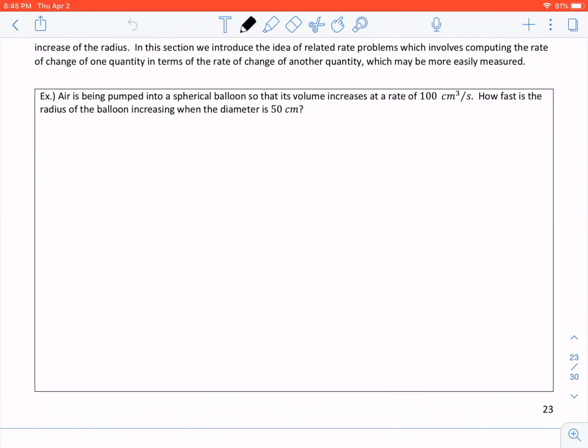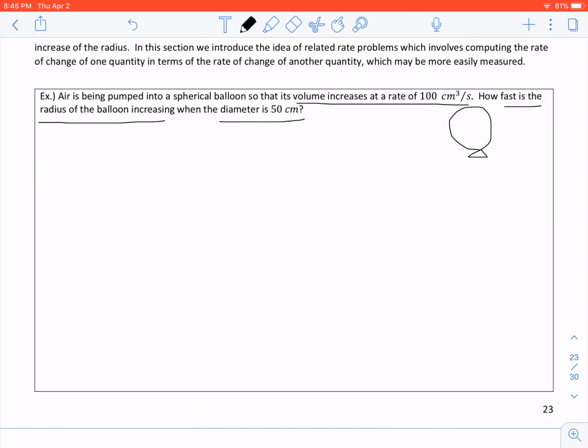So first thing is that we have a spherical balloon, and we have to know a few things about this. The volume is increasing at a rate of 100 centimeters cubed per second. It wants to know how fast the radius is increasing when the diameter is 50 centimeters.